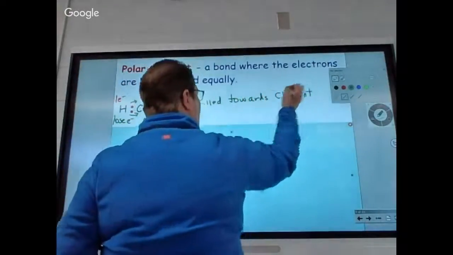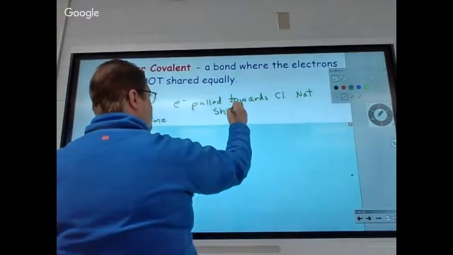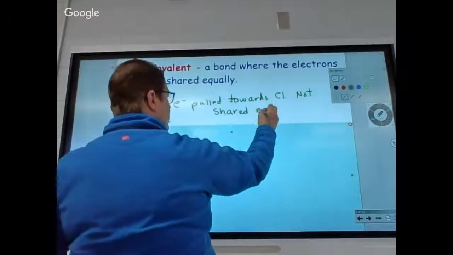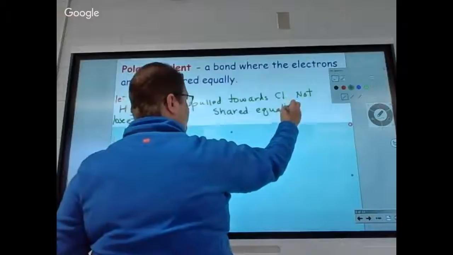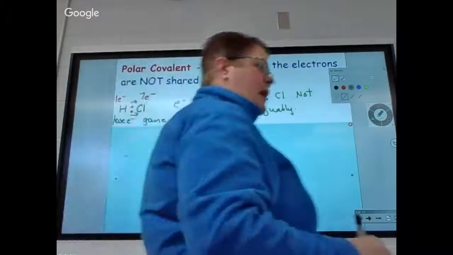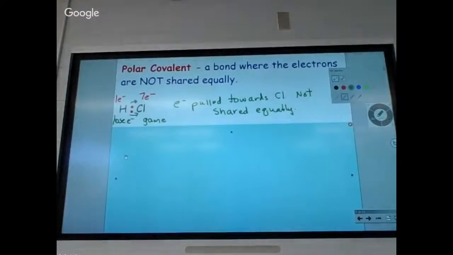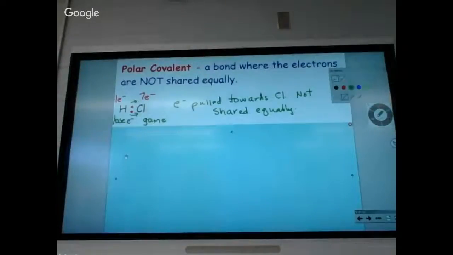So they are not shared equally. That's called a polar covalent bond. Any bond where the electrons are not shared equally, we call polar covalent.